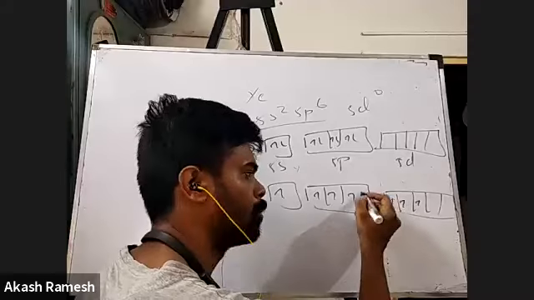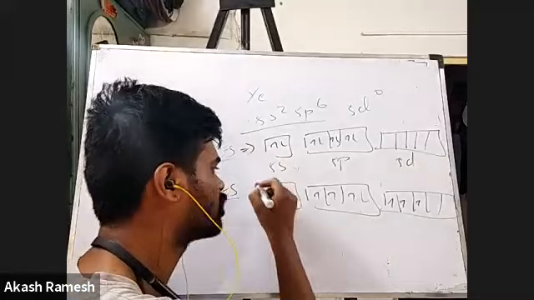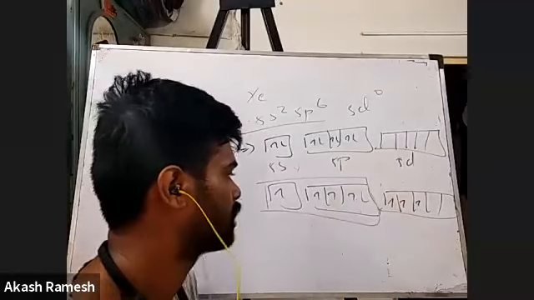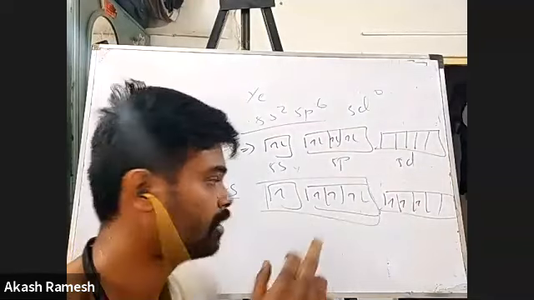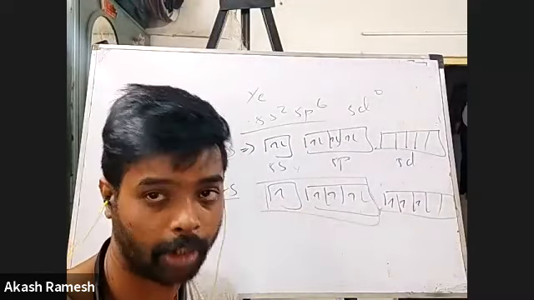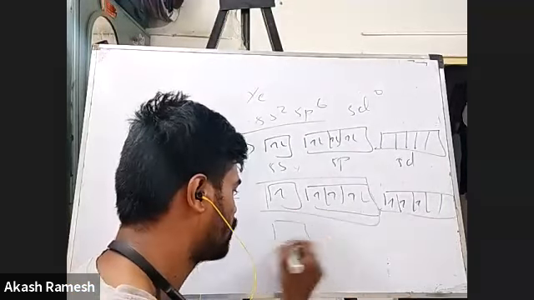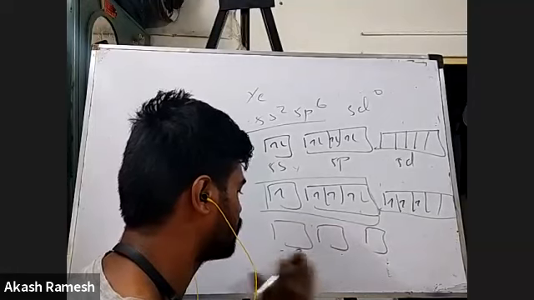So I'll just remove the last electron and put it here, making sure that inside the sp3 hybridization there are 3 sigma bonds, 1, 2, 3, and there is a lone pair. That is sp3, sp3, sp3.